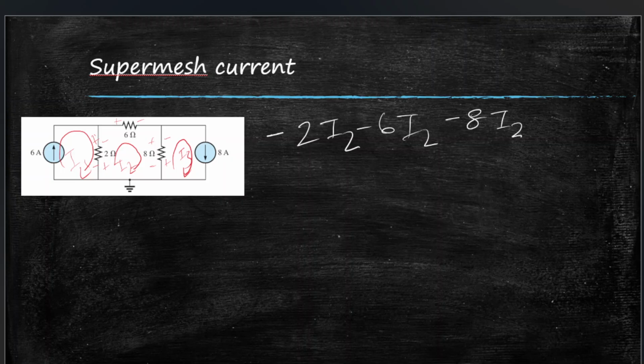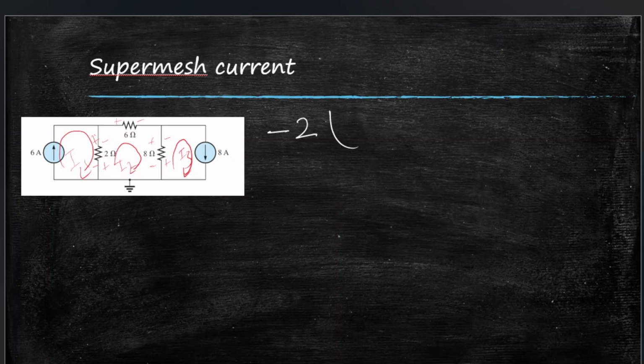Wait, no, there's a mistake. Okay, let's fix that. So it will be minus R, let's just take R 2 ohms, and even though the 6 and 8 ampere sources are removed, the loop currents are there, so two currents are passing through 2 ohms, I1 and I2.